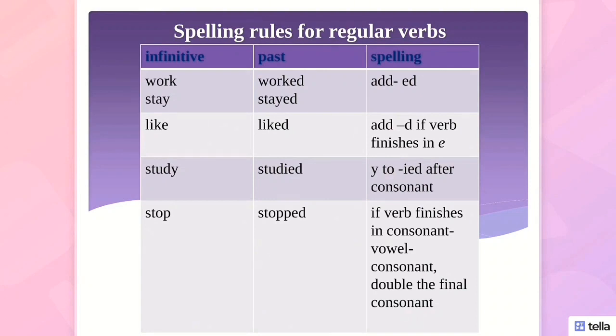And if our verb has consonant, vowel, consonant in the ending, then we have to double the last consonant and only after that add ed to make its past form. For example, stop, stopped. You see there is a double p in stopped.